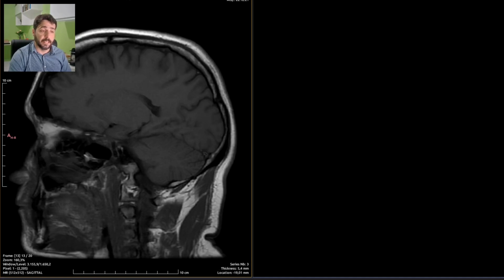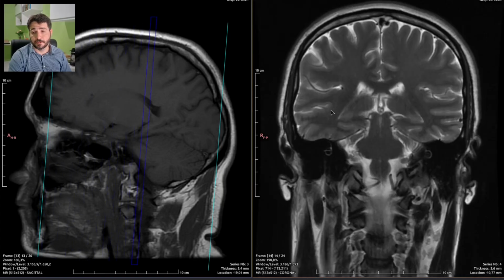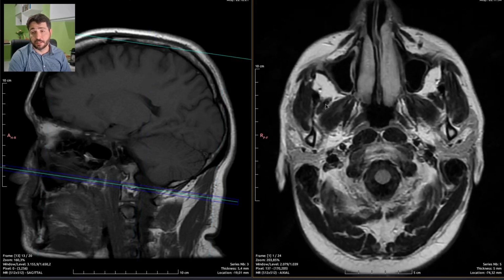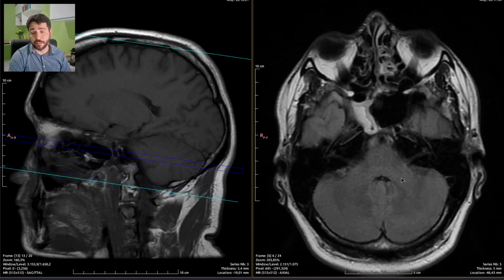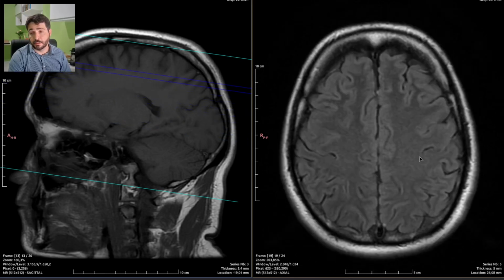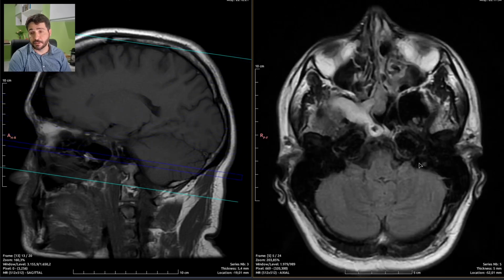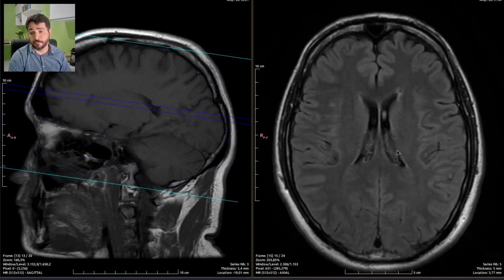So, and this is a coronal T2 scan. I don't understand why they did this, but let's get a flare. So a flare is a T2 weighted sequence that has an additional inversion recovery pulse to saturate normal brain fluid.